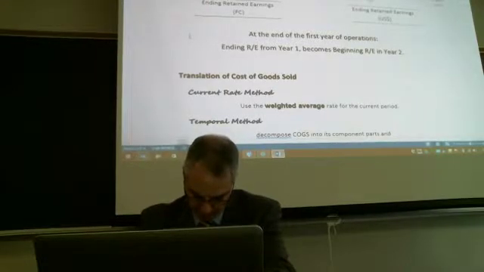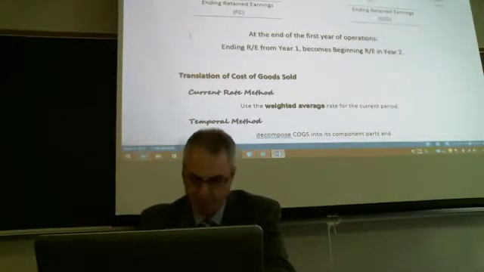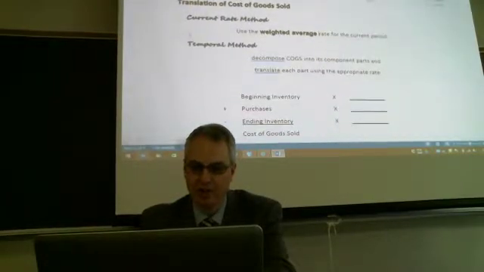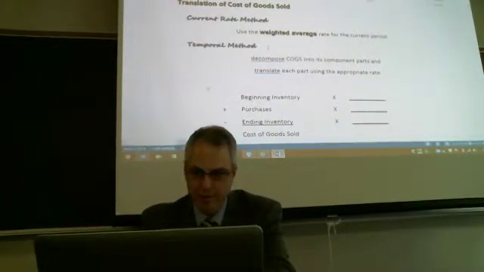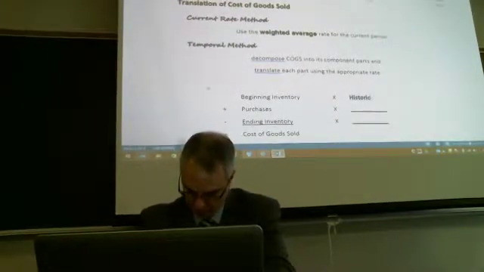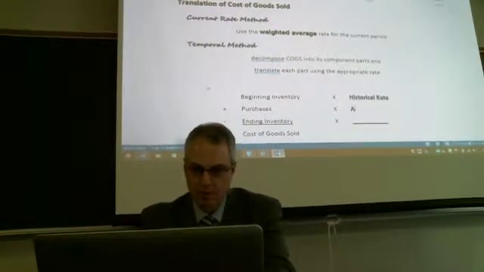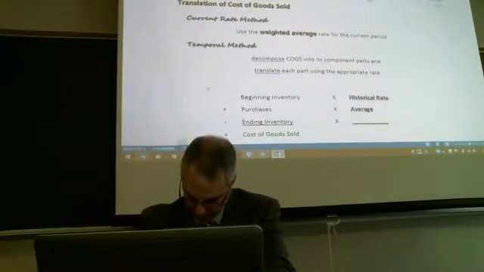For the temporal method, we want to decompose cost of goods sold into its component parts and translate each part using the appropriate rate. So beginning inventory, we would use the historical rate. For purchases, we would use an average rate.